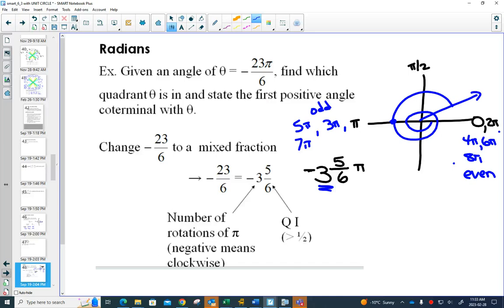And so we can use the mixed fraction to quickly determine what quadrant it's in. And then we already know our reference angle is pi over 6. So we're going to be able to say that this is coterminal with pi over 6.